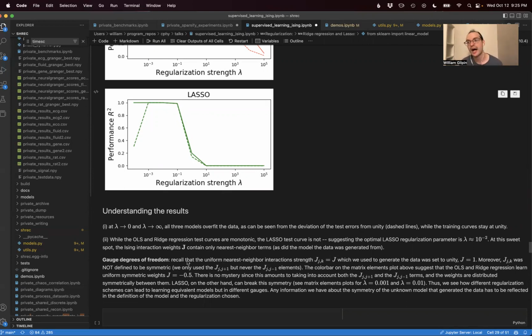Here, I knew that my Hamiltonian depended on nearest neighbor interactions. I just didn't know what those interaction strengths were. Because that particular Hamiltonian can be written as a matrix equation, it ended up being a really good choice to just fit a linear model. Picking some fancy neural network would have been less interpretable and inappropriate given what I know about the structure of this problem.